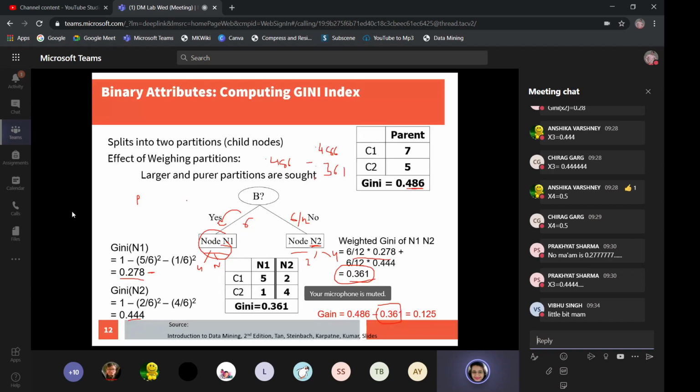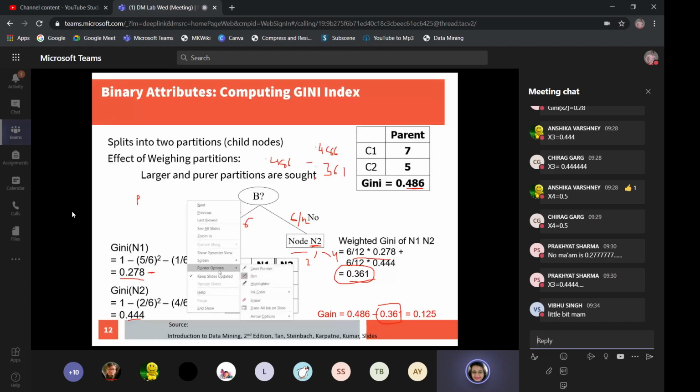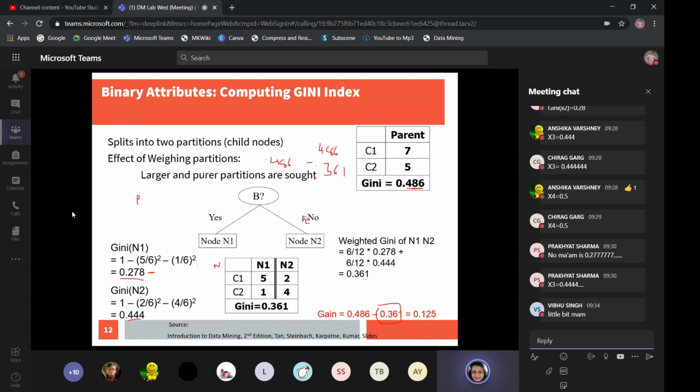Now let's assume that you didn't want to split on B, but you wanted to try C. That could have been possible. So when you wanted to try C instead of B, let's say the C split took 8 and 4.